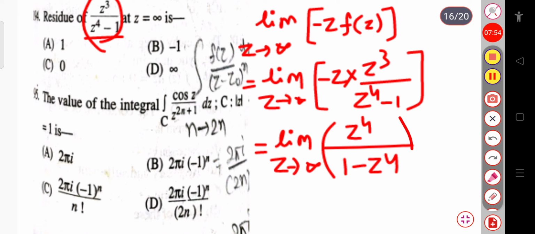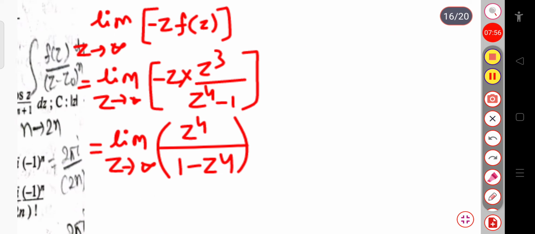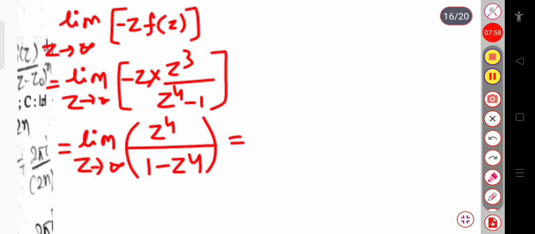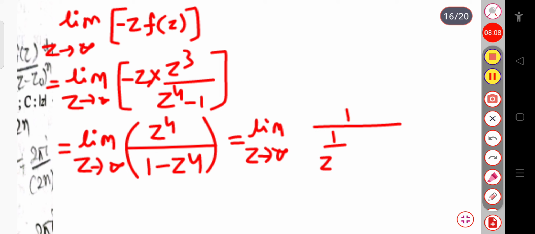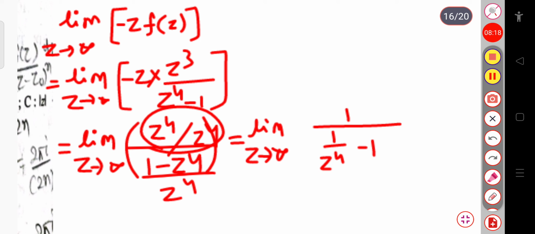In this way I can write. Now this term can also be written as limit z tends to infinite; if I divide z power 4 in the denominator and the numerator, this will be 1 divided by 1 by z power 4 minus 1, since z power 4 by z power 4 gives you 1.